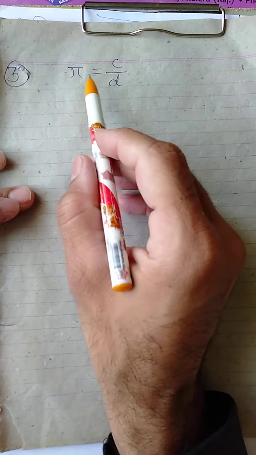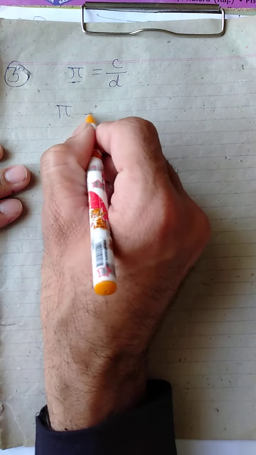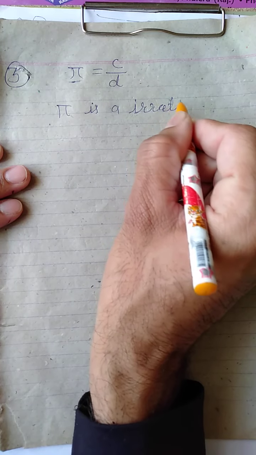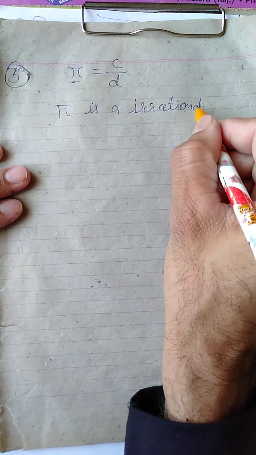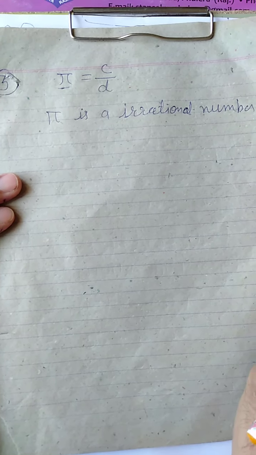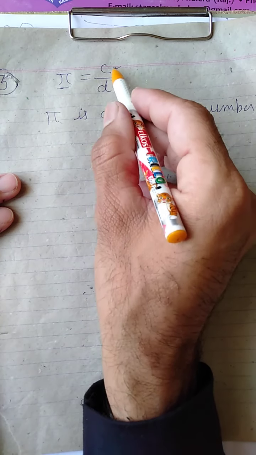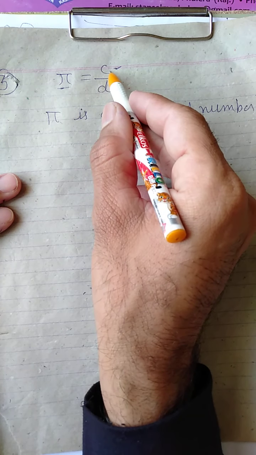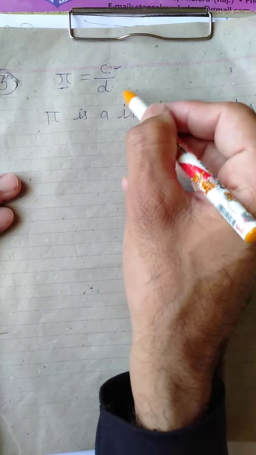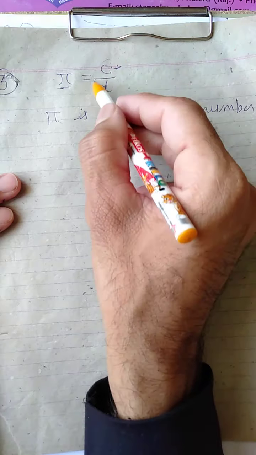Contradiction means, देखो पाई को हमने बोला है कि पाई एक इरेशनल नंबर, pi is an irrational number. C and D look like rational, and C upon D is in the form of P upon Q. So we can say this is a rational number.